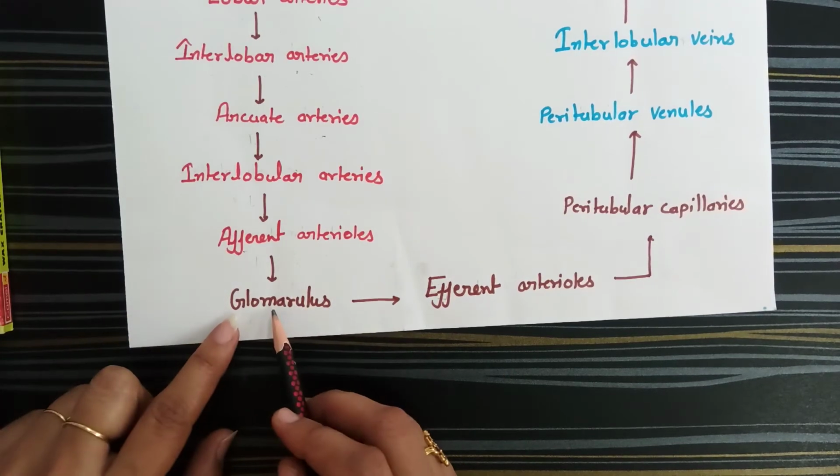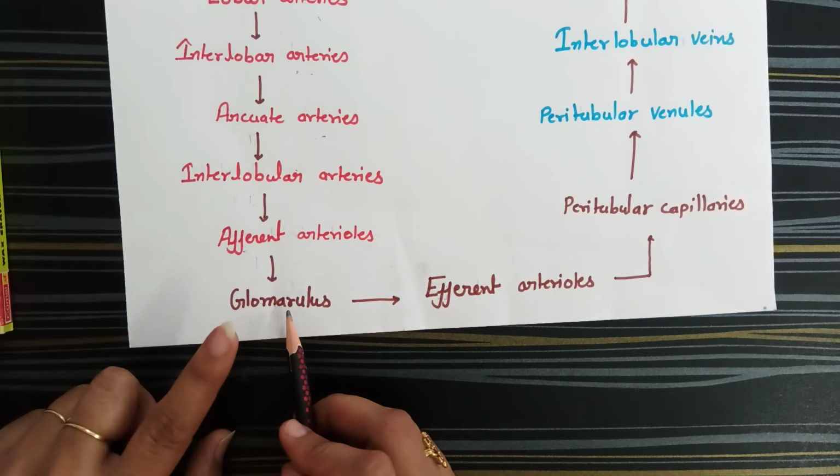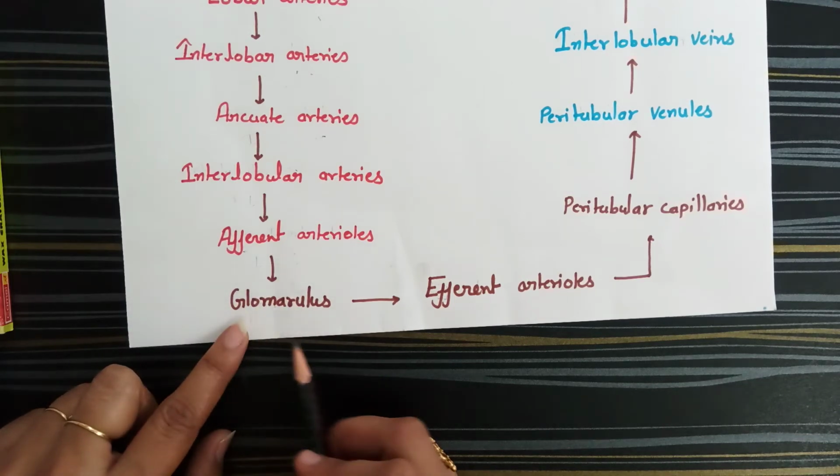Now the afferent arteriole attaches to the glomerular capsule and forms a ball-shaped capillary network.